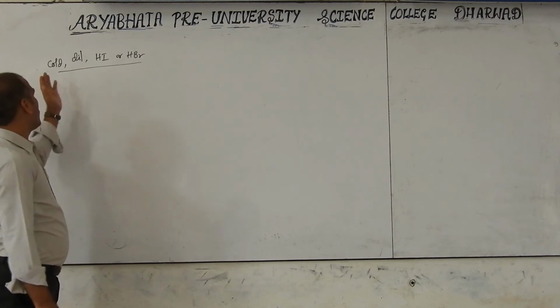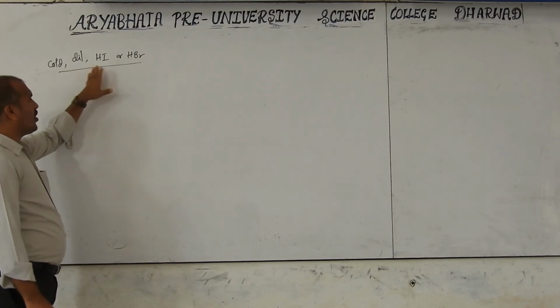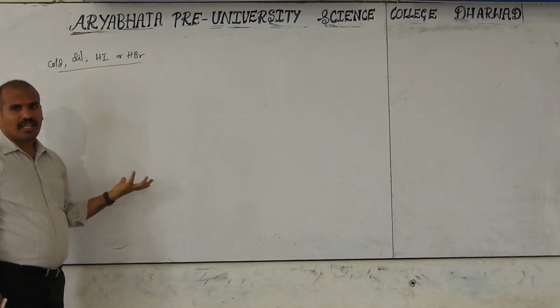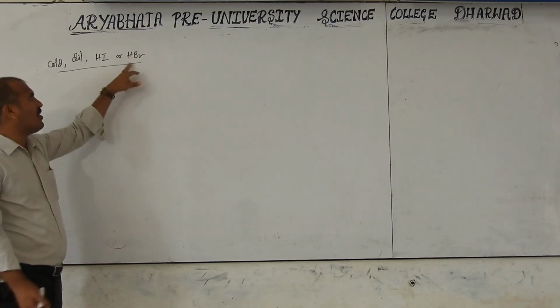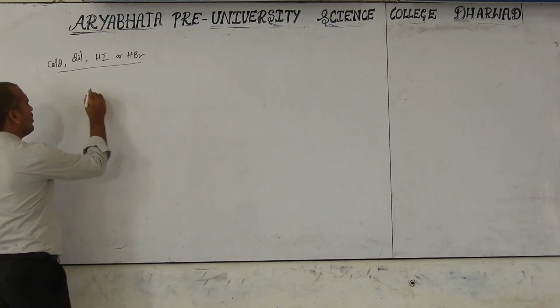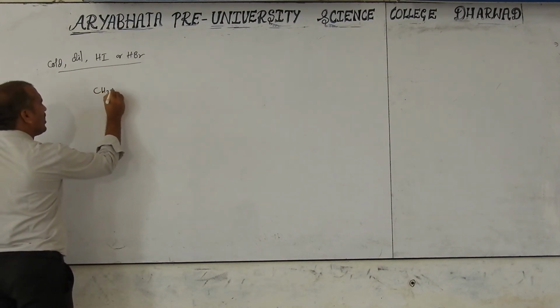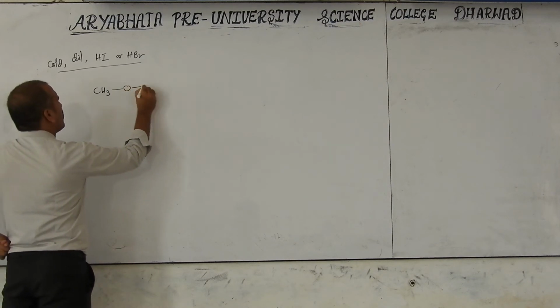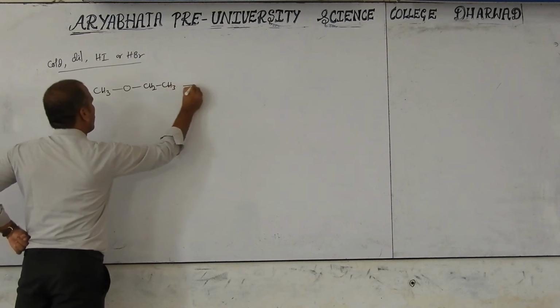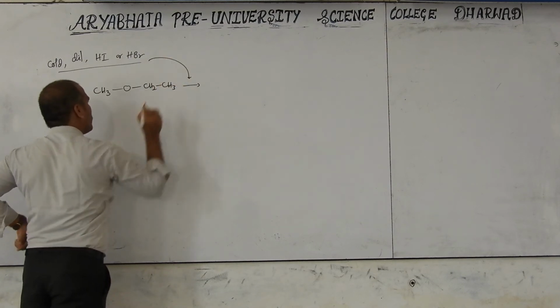Now we will discuss some cold and dilute HBr. Anyone can do it. I already discussed HI before, so for a change I will write HBr. Both reactions are the same; don't worry about it. For example, CH3–O–CH2CH3, which we already discussed, under the same condition.